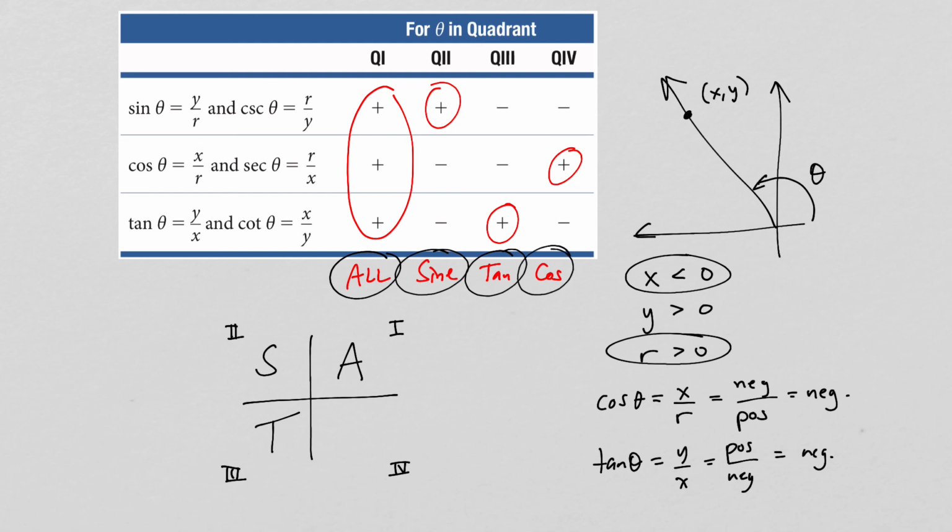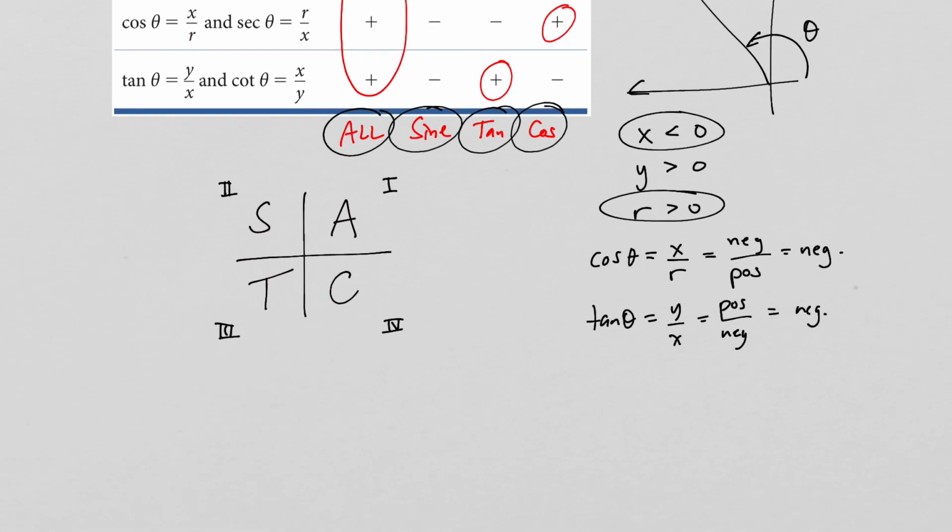And in the fourth quadrant, cosine is positive and its reciprocal, which is secant. So the ASTC, the acronym there, stands for all, sine and cosecant, tangent and cotangent, and cosine and secant.